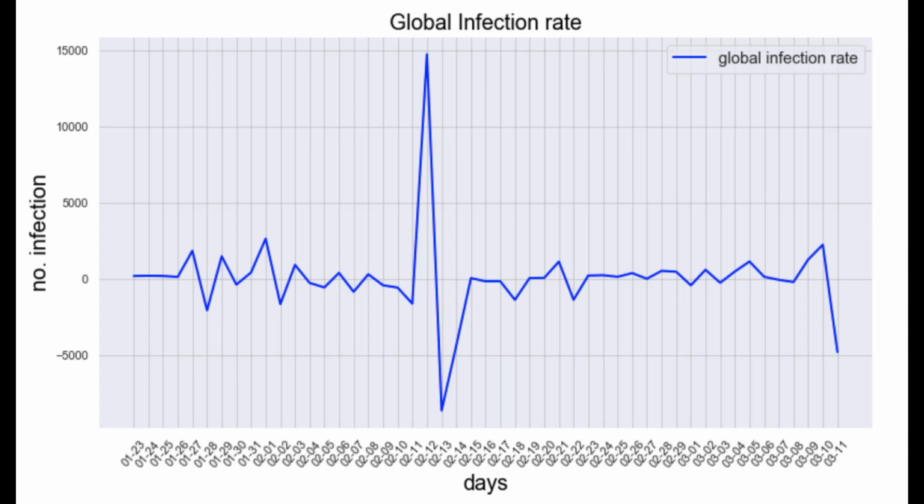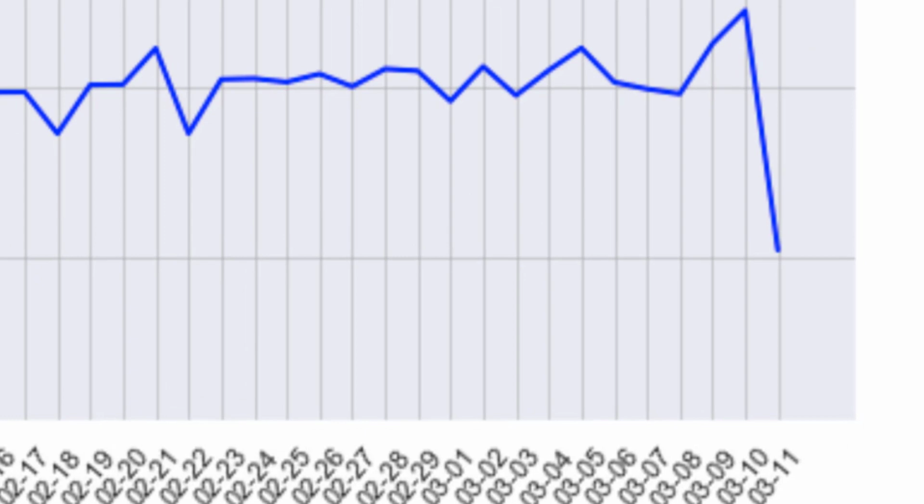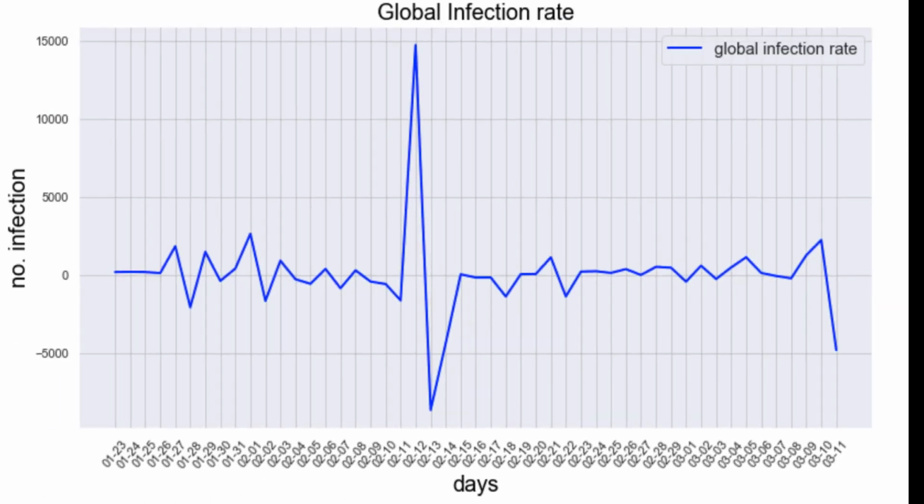So basically, we can say that the number of people getting infected is very fluctuating, and the good news is that as today it's the 11th of March, the infection rate is going down. But we always have to consider the death rate, because people who are already infected are dying. So we have to calculate the death rate as well.